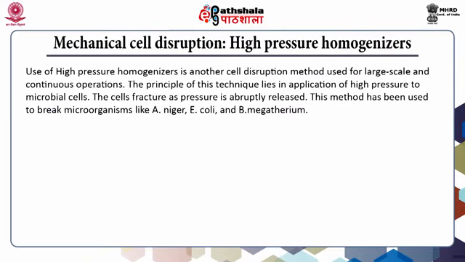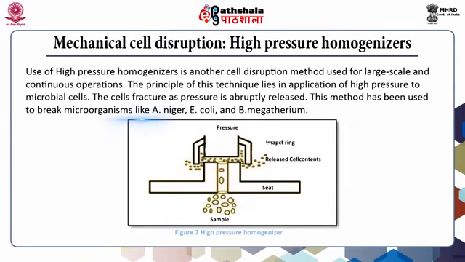High pressure homogenizers are another well accepted technique for cell disruption, readily adapted to large scale and continuous operation. The principle of this technique lies in application of high pressure to microbial cells. The microbial cells are thus subjected to impact or shear, and a severe pressure drop across the valve tends to disrupt the cells as the pressure is released abruptly.